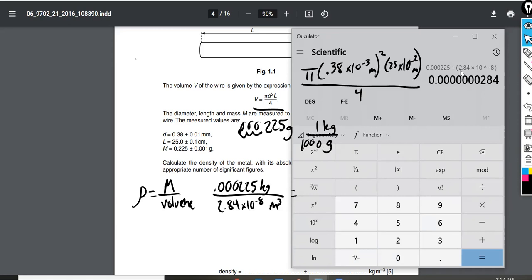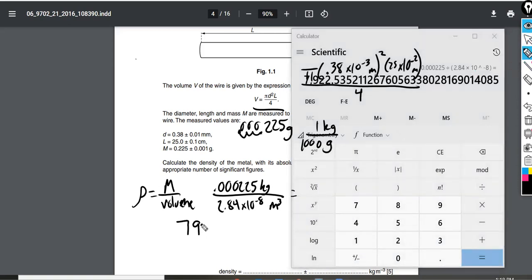Dividing by quantities in scientific notation, it's very important that you use grouping symbols, because otherwise your calculator will divide by this quantity first and then it will multiply by 10 to the negative 8, whereas you're trying to divide by the entire thing there, right? So you use grouping symbols. You get a final density here of 7,922.535. So this would be like a calculator value.